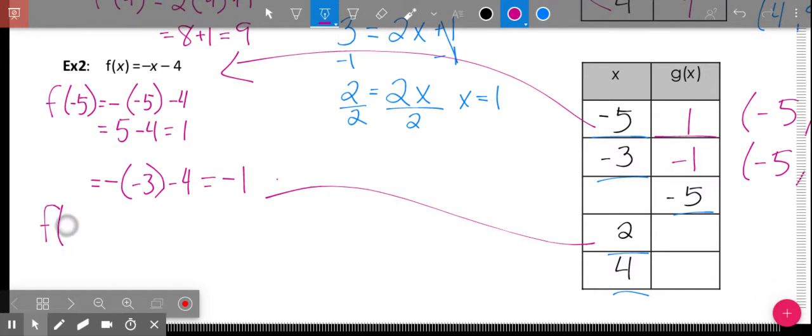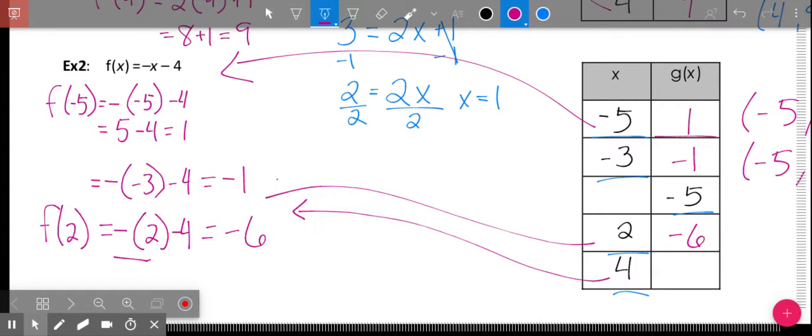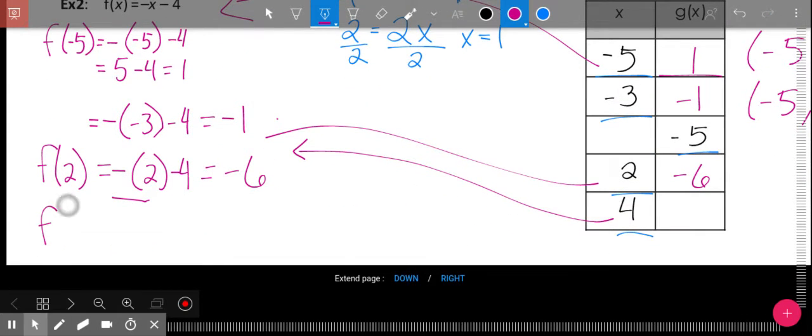I'll have f of 2 equals negative times the 2 minus 4. Well, that just makes -2 minus 4 gives me -6. And then the last one, plugging in the 4, I'll have f of 4 equals negative times 4 minus 4. Well, -4 minus 4 gives me -8.